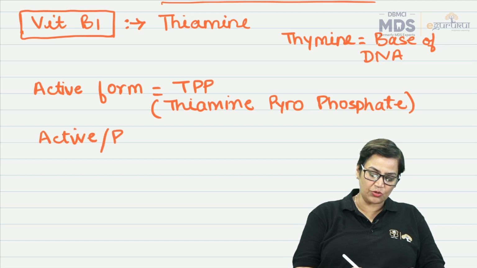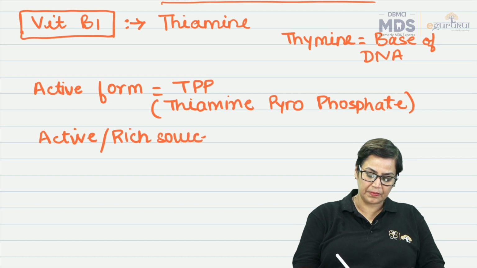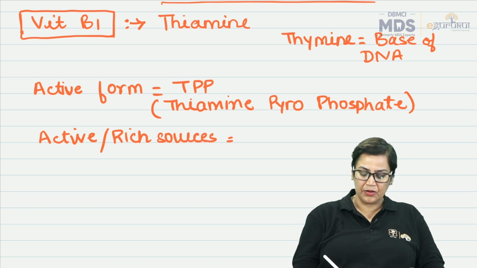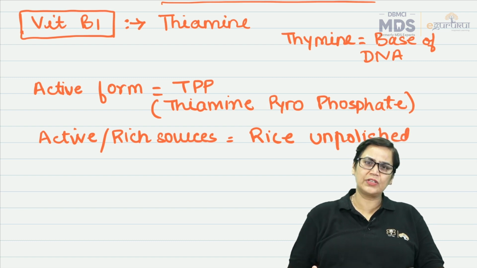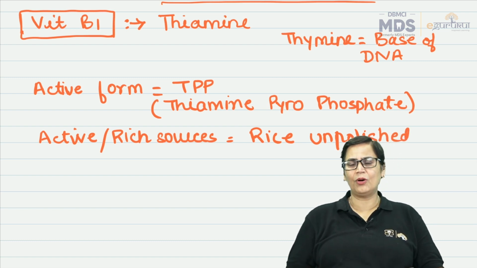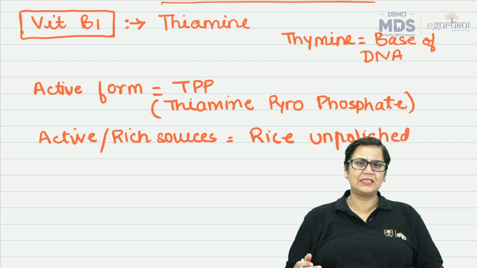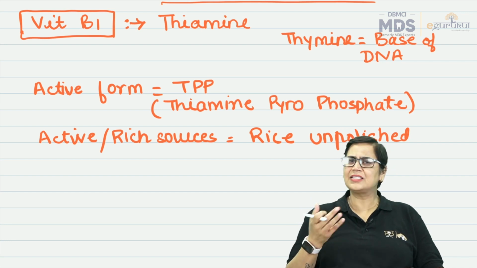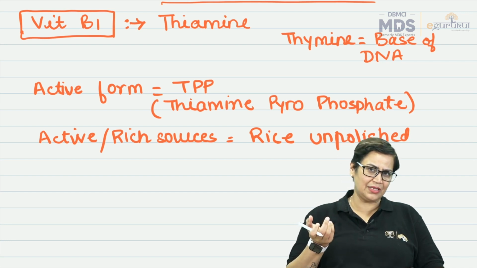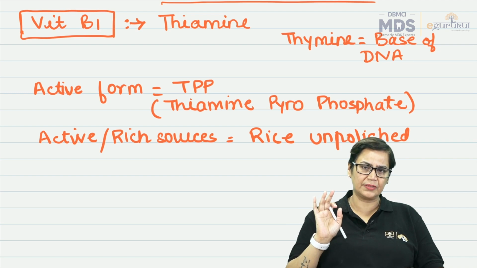Then come the active or rich sources: unpolished rice. And for most of the vitamin B complex, common sources are milk, butter, fish, and green leafy vegetables, but unpolished rice is the richest source.